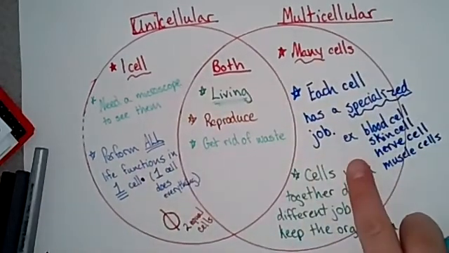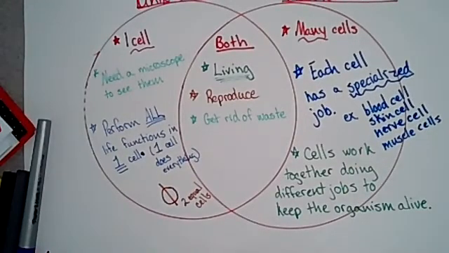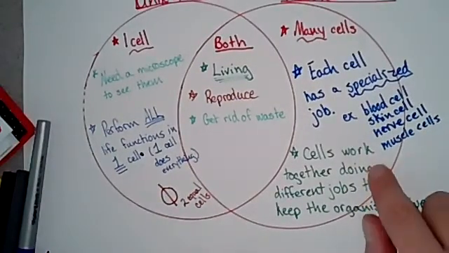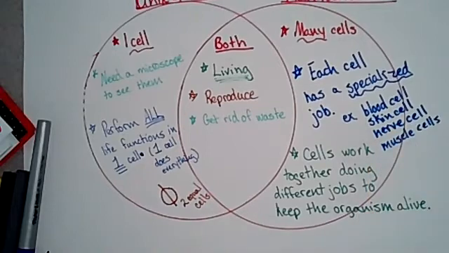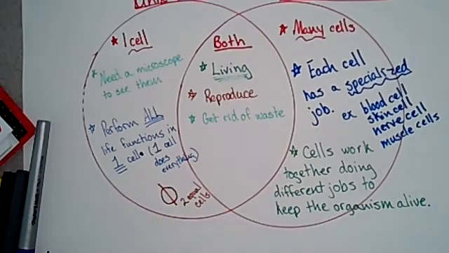And multicellular organisms, how we get rid of waste, we poop, we pee, or we breathe out carbon dioxide. Miss Ross, plants don't pee and poop. No, they don't pee and poop, but plants do release oxygen. That's their waste. They don't need it. Okay, so that is theirs. So everything that is alive can get rid of waste.